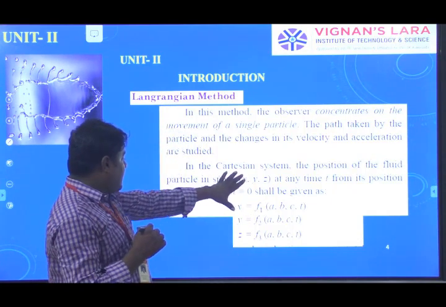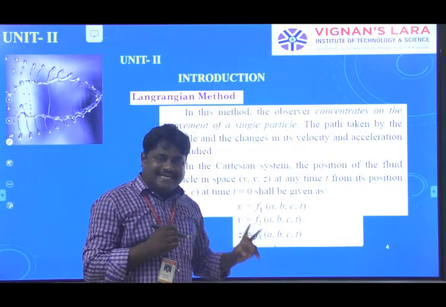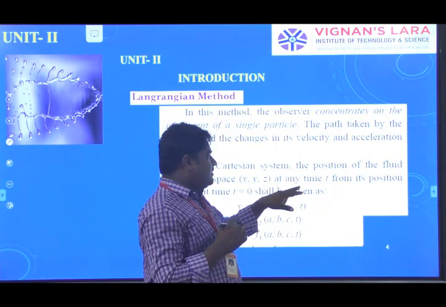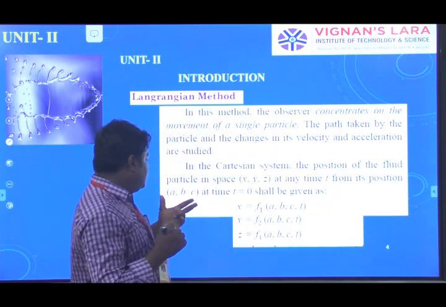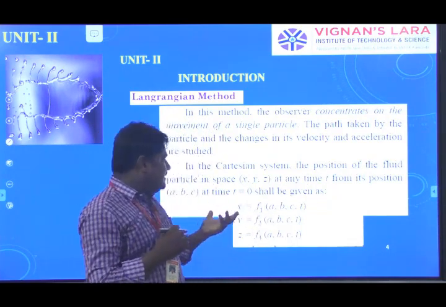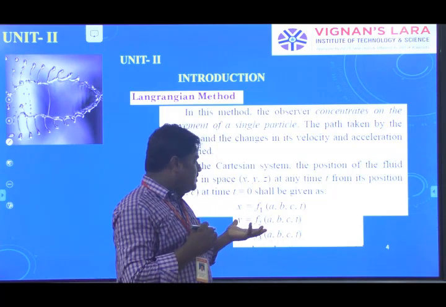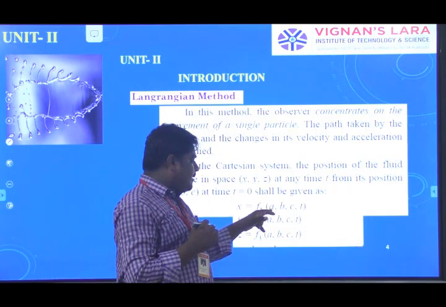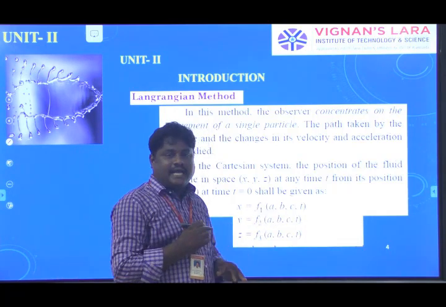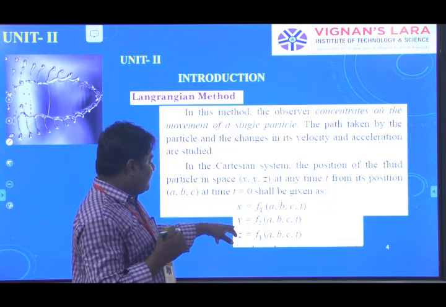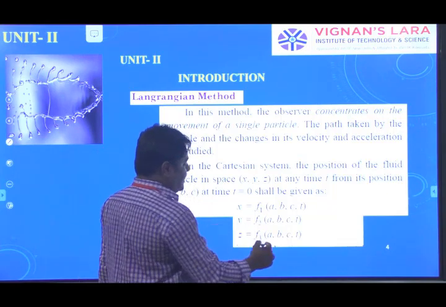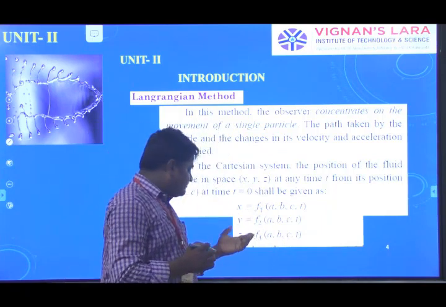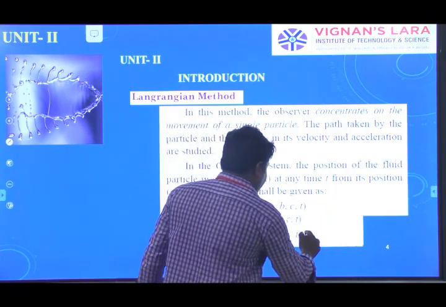So here I have taken the three directions x, y, z at any time t, where t is the time. The x value is a function of a, b, c and the time t. Then y is a function of a, b, c and t, and z is a function of a, b, c and t.